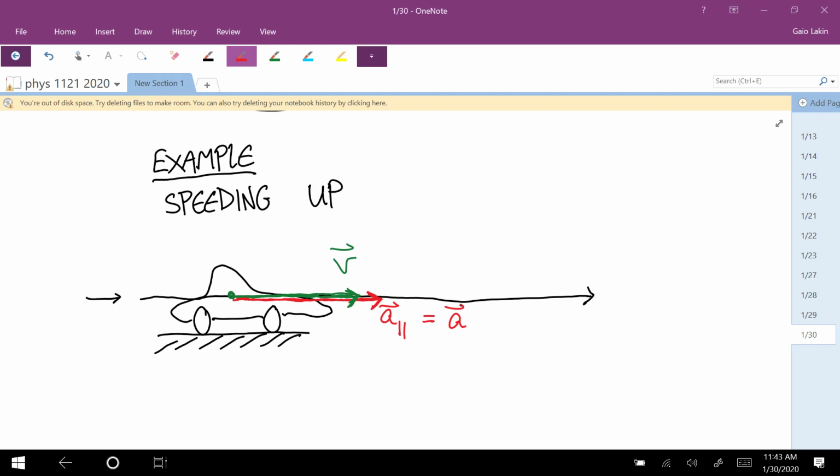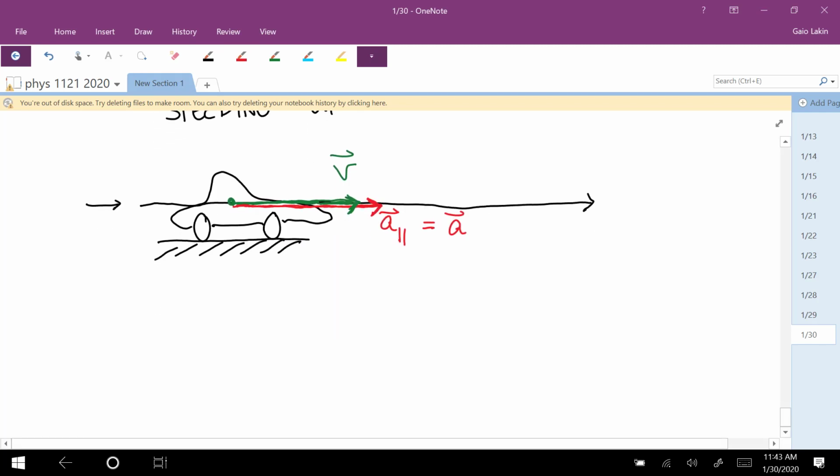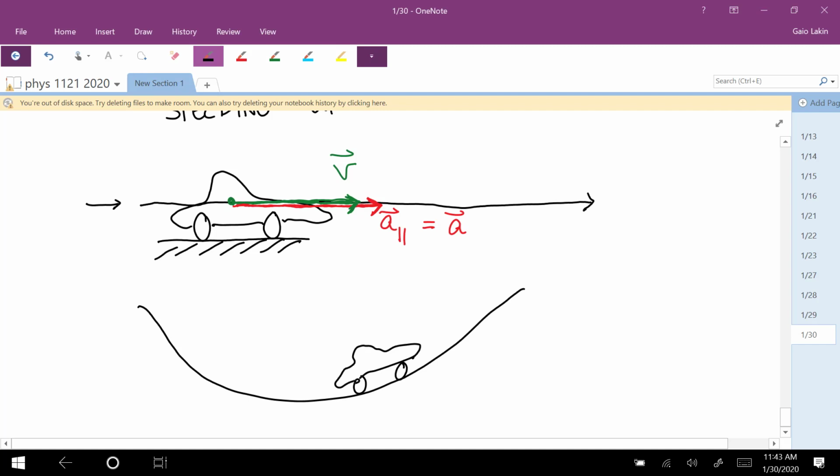Why is turning? How would you draw it? So if it was going, okay, so the path is, no, that's supposed to be the side.